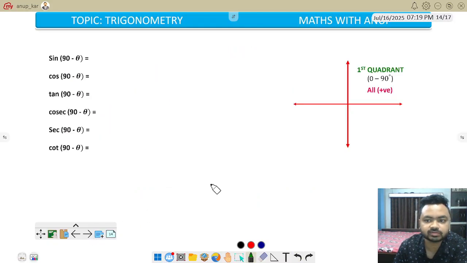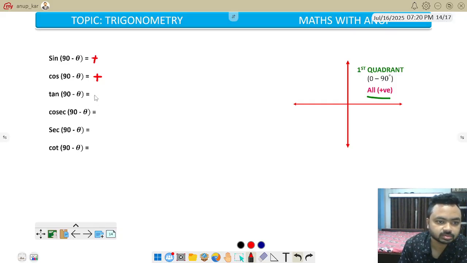So this is the first quadrant as I have explained. Here all are positive. Every trigonometric ratio is positive as I have already explained. There are two rules. First of all, as all of them are positive, let's mark it as positive, positive, positive, positive, positive and positive.